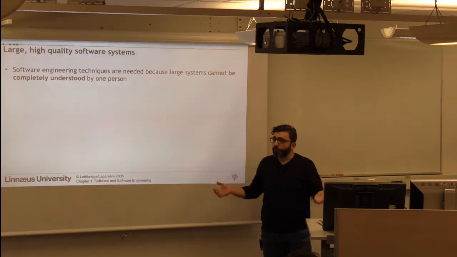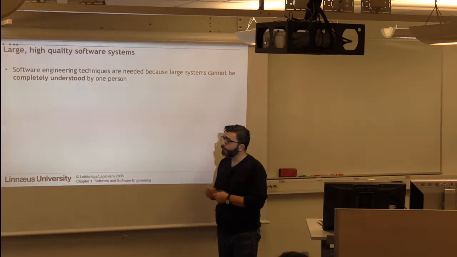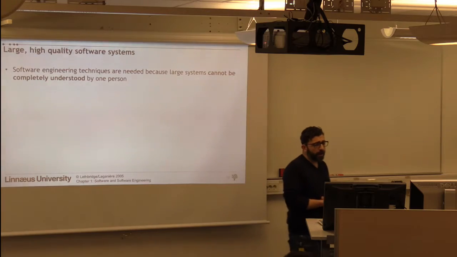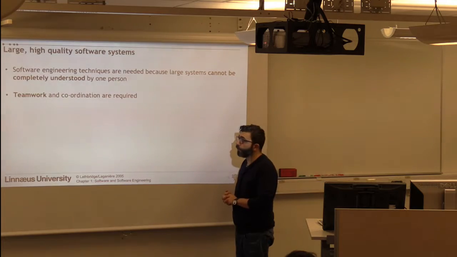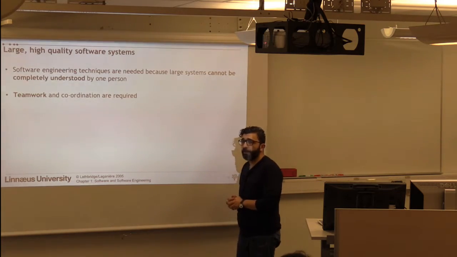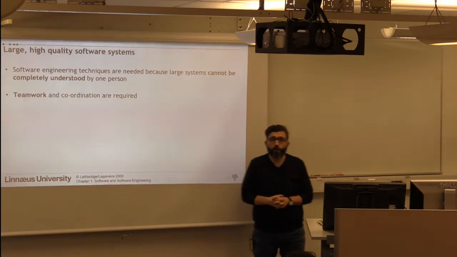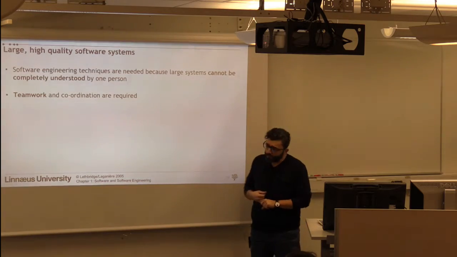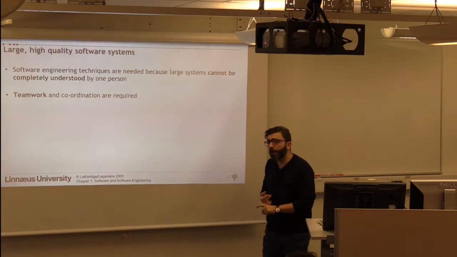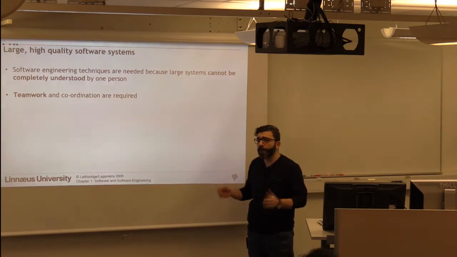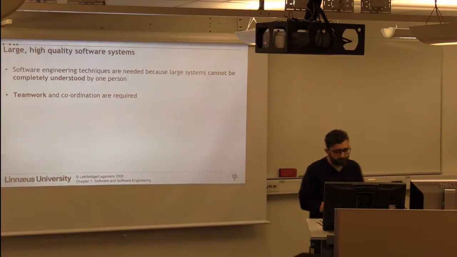Huge software means many different people working on it in teams, and the teamwork should be coordinated. In order to do that, we need some best practices to follow. We can follow a waterfall process, or an agile development process, whatever we like, but it must be disciplined and applied systematically.